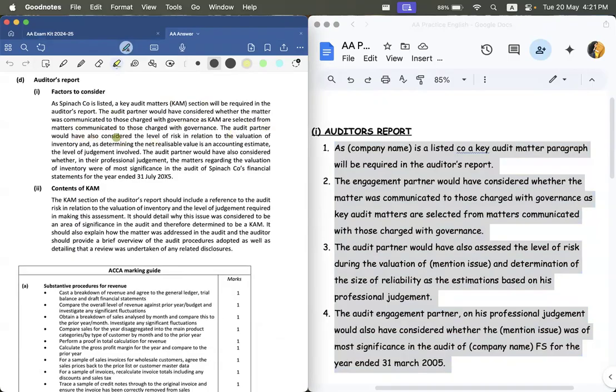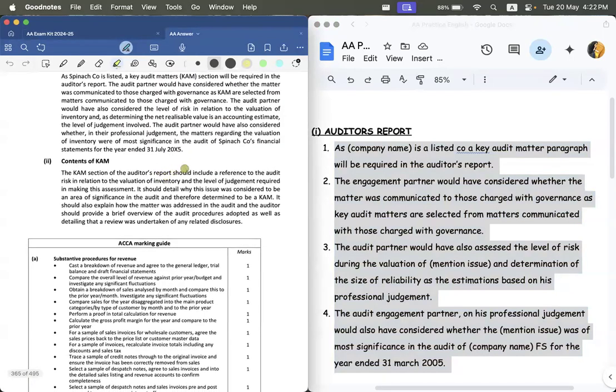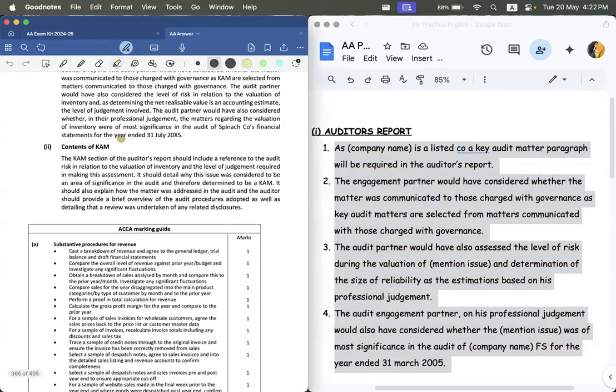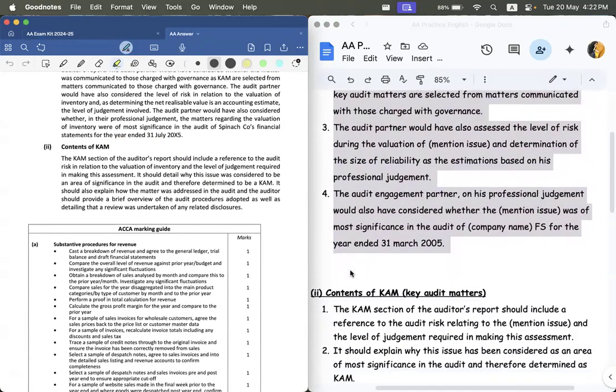The audit partner would also have considered the level of risk in relation to valuation of inventory of slow moving items which were below the net realizable value, and the level of judgment involved. The audit partner would have also considered whether, in his professional judgment, the matters regarding the valuation were of most significant importance in Spinach Company's financial statements for the year ended 31st July 2005. Clear? Understood?